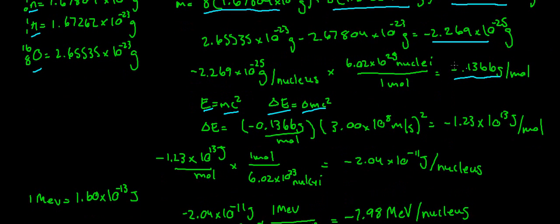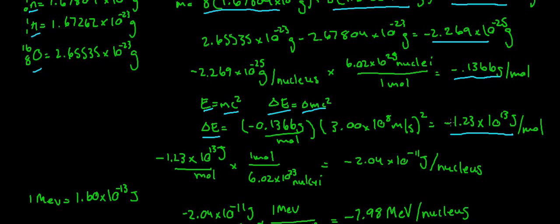So look at the change in energy for this. We'll take minus 0.1366 grams per mole and multiply it by the speed of light squared, and this will be the change in energy. And this is equal to minus 1.23 times 10 to the 13th joules per mole.